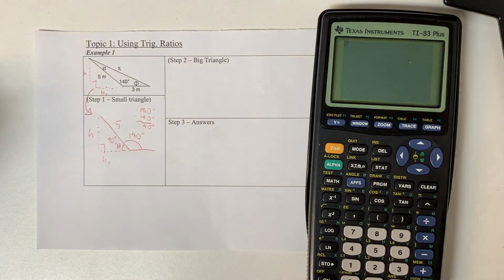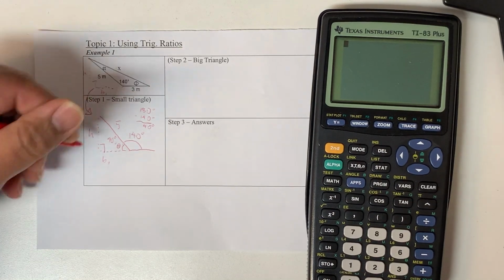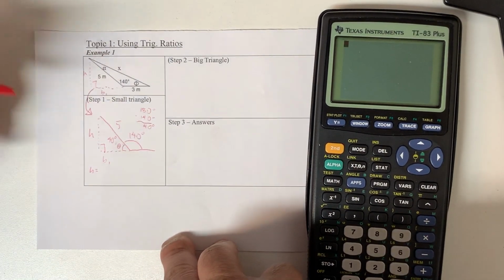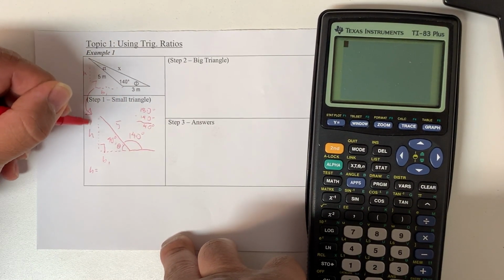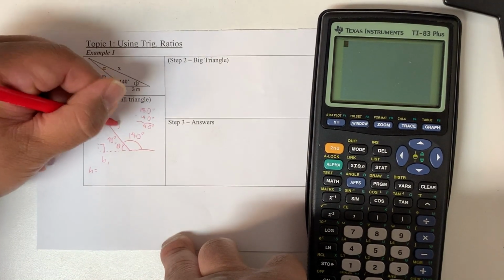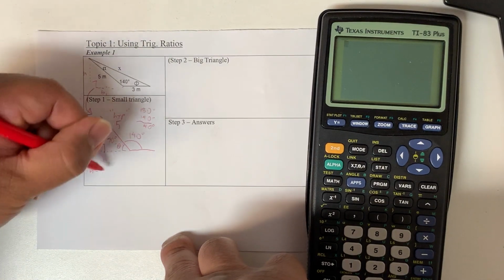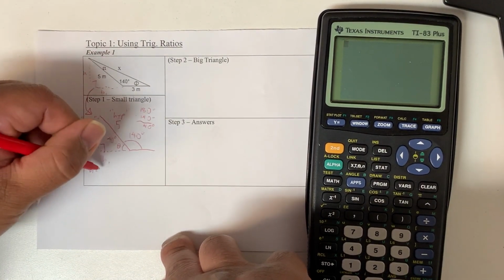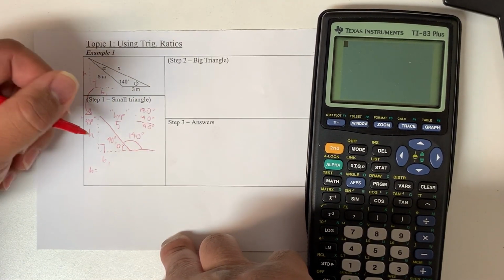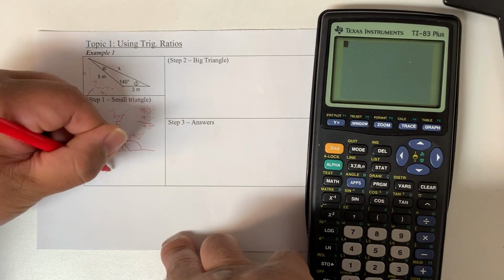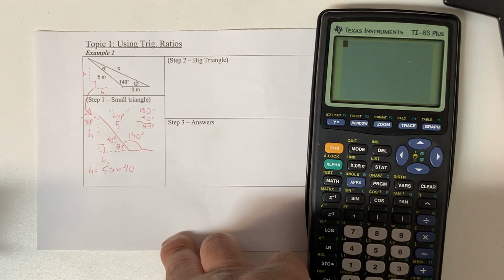Alright, and really in the first step, all we need to do is find the formulas for the H and the B1. Since H is opposite of theta, and 5, the measurement that we do know, is the hypotenuse, we know that's going to be sine, so H ends up being 5 sine theta, which is 5 sine 40.